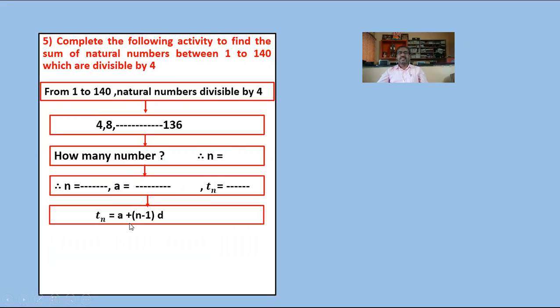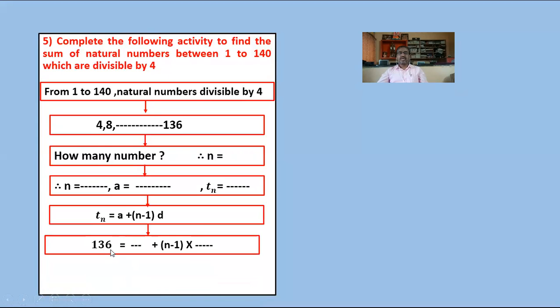Tn is equal to a plus n minus 1 multiply d. 136 is equal to dash plus n minus 1 multiply dash. n is equal to dash. Sn is equal to n upon 2 in bracket 2a plus n minus 1 multiply d.